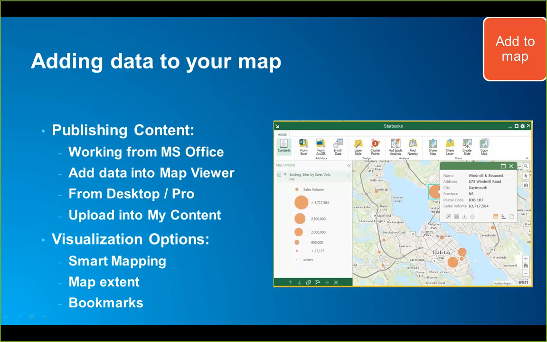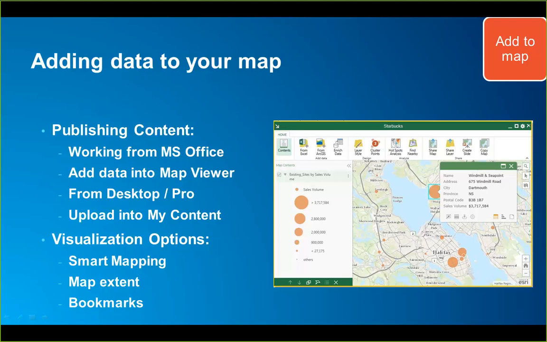But if I was already comfortable with the workflow that I had for ArcMap or ArcGIS Pro, I could publish directly from there. Or if I wanted to circumvent all three options I just mentioned, I could just log into ArcGIS Online, and right from my content window, I could upload and publish content from there.